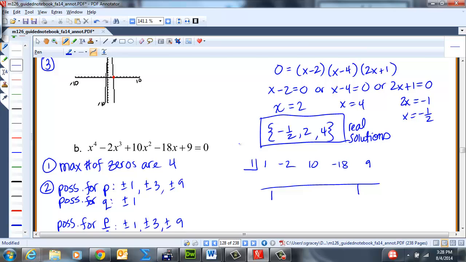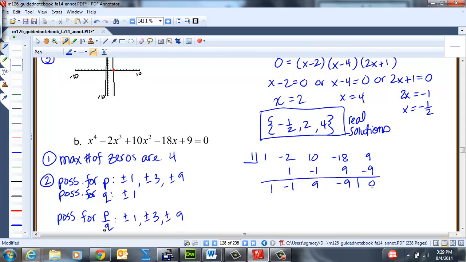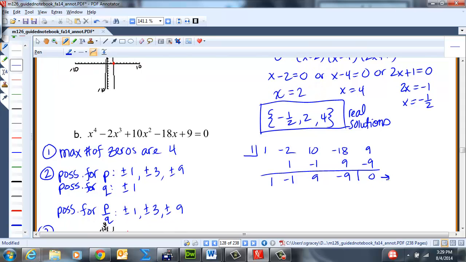So we'll have 1 times 1 is 1, then we'll get negative 1 here. And we get a 0 remainder. So remember, this ended up decreasing the degree by 1. We would get 1x cubed minus 1x squared plus 9x minus 9.